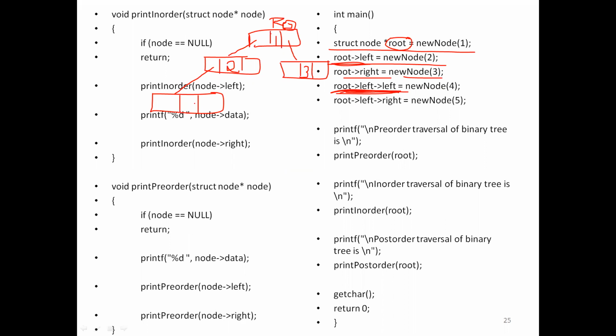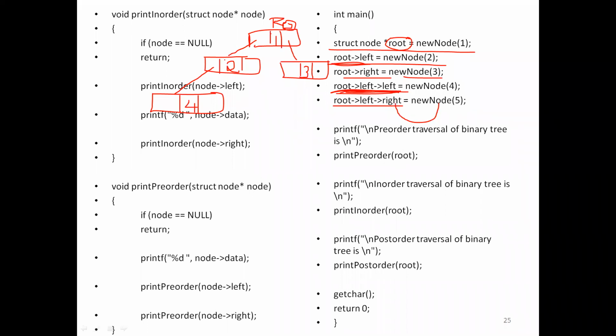Root left is 2, root left is nothing but node 2. Like that, root left right: you come to the next and create a new node 5. Once I created the new node 5, where is that address stored? That address is stored in root left right.